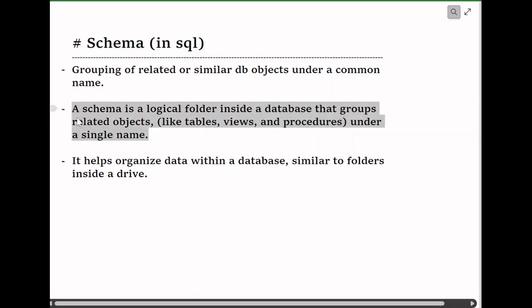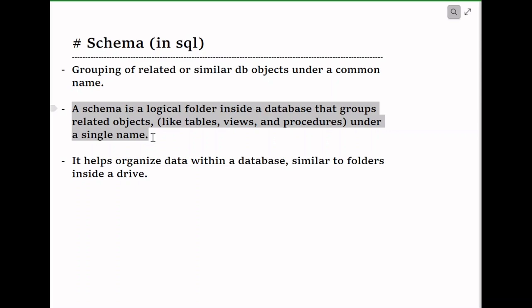In the previous analogy, we considered a database as a container inside a database server. If in that container there are a huge number of tables and you want to organize them, you can create multiple folders inside the container. Those folders we can consider as schemas. It is not actually a folder, but just a namespace, or a name given to a set of objects.